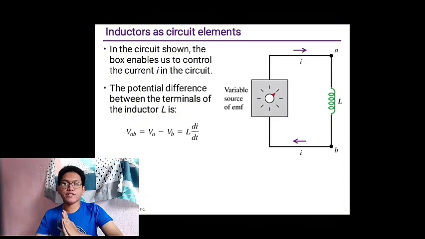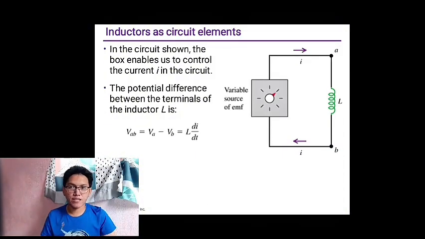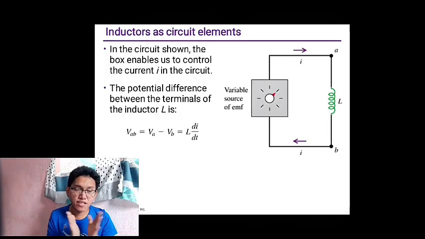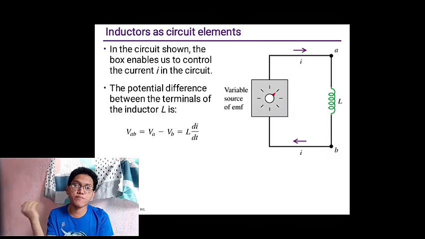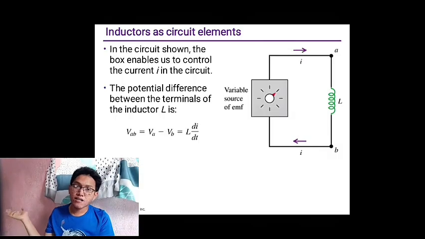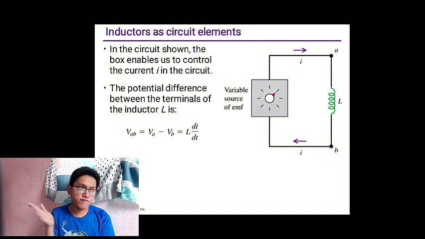So we also have here the inductors as circuit elements. In circuits, an inductor is treated as a circuit element, similar to a resistor or a capacitor. As we all know, what is the purpose of the resistor? It is to resist or to limit the amount of current that will pass from one rod to another, the amount of electricity that will pass.